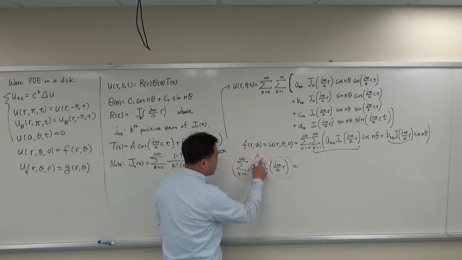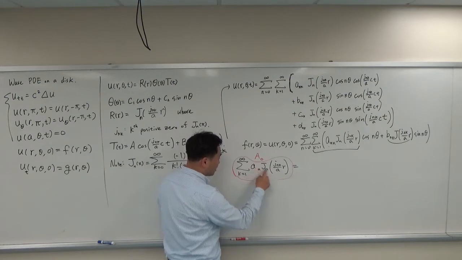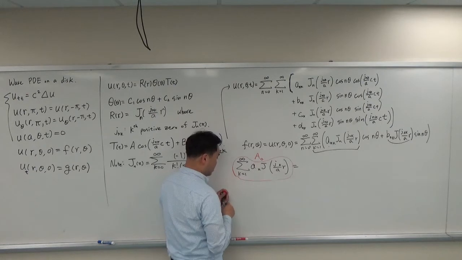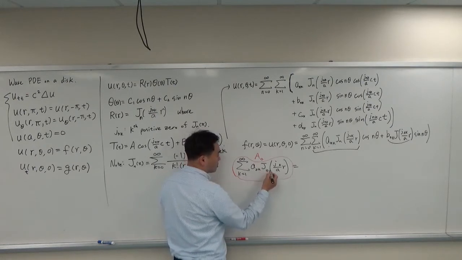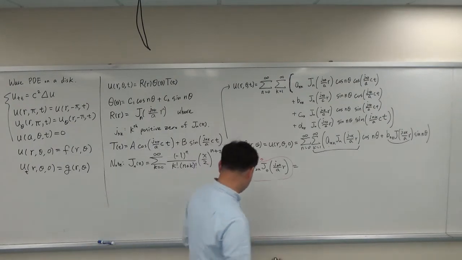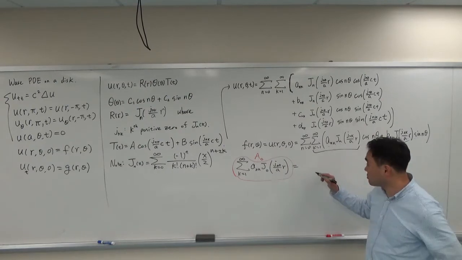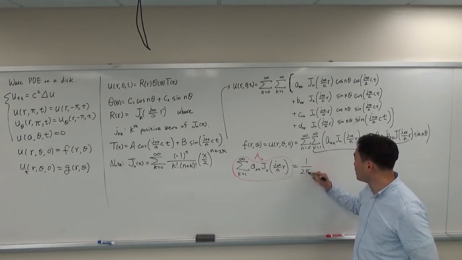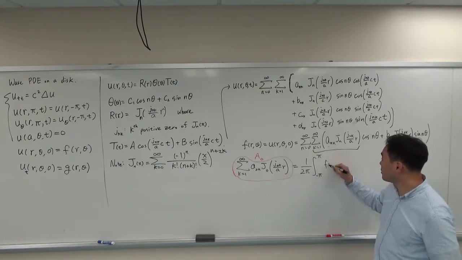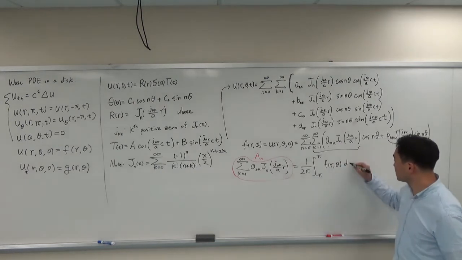So I should really write something for a0 first. That corresponds to a0, and the formula for a0, where theta goes from negative pi to pi, would be 1 over 2 pi, integral from negative pi to pi, of f(r, theta) d theta.